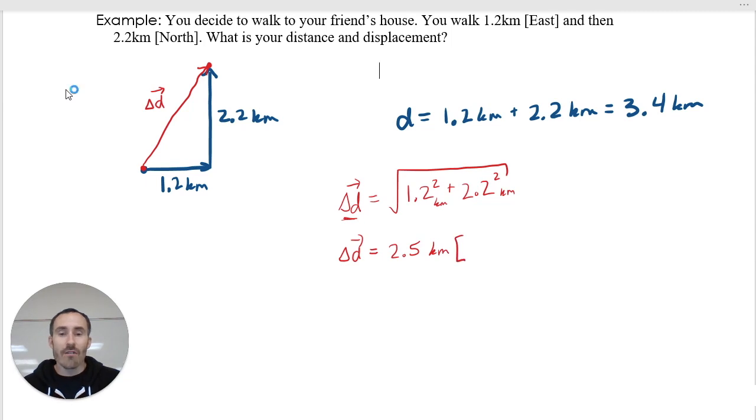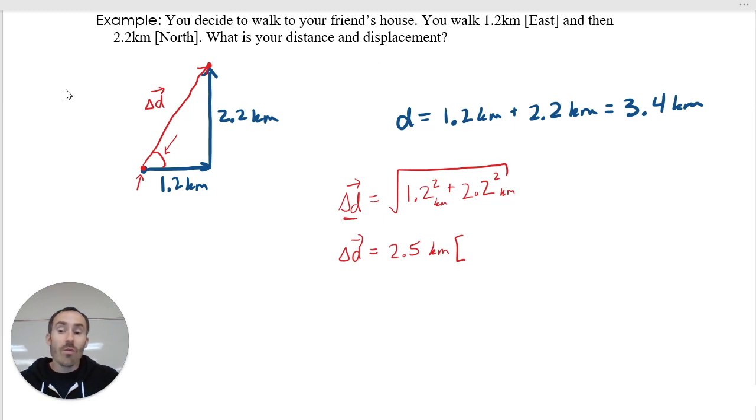But with all vectors, we need a direction on it. And so our direction is going to come from this angle here. We're always looking at what's the angle at the beginning. So this was our starting point right there, and so the angle that we need to use is the one right here that uses that starting point as its vertex.